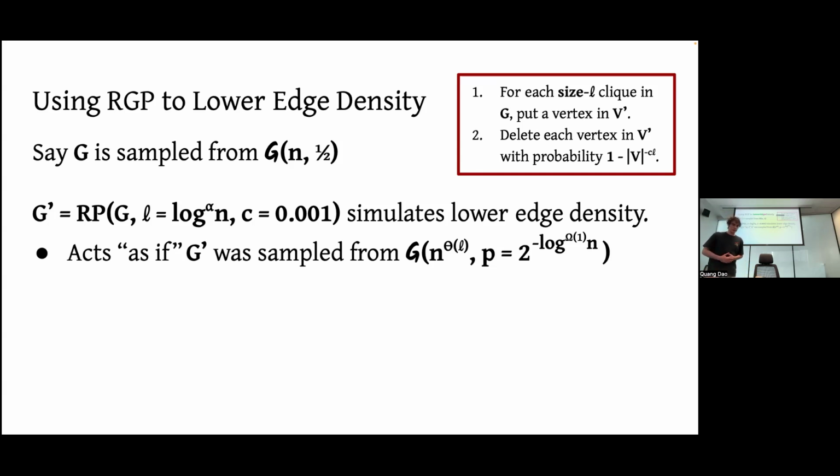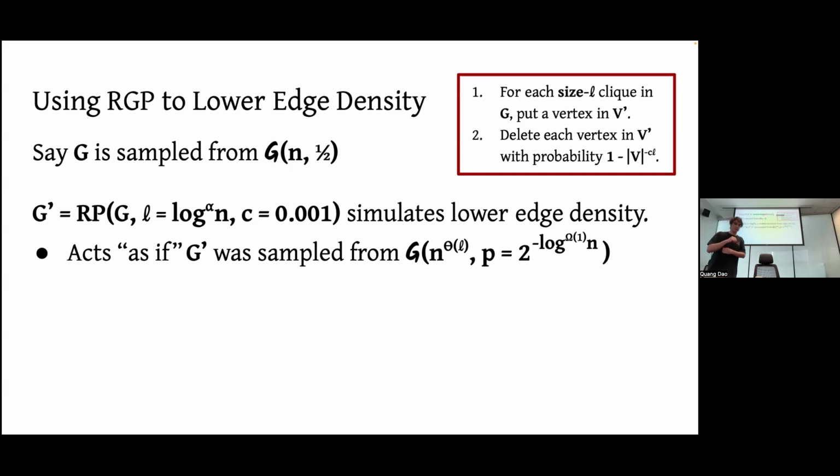Okay, so let's say that we sample our graph G from the unplanted Erdős–Rényi distribution G(n, 1/2). Now we're going to let G prime be the randomized graph product, where we take the input graph and some small but super constant parameter L. We also have this deletion constant C, which is arbitrarily small, but needs to be a constant.